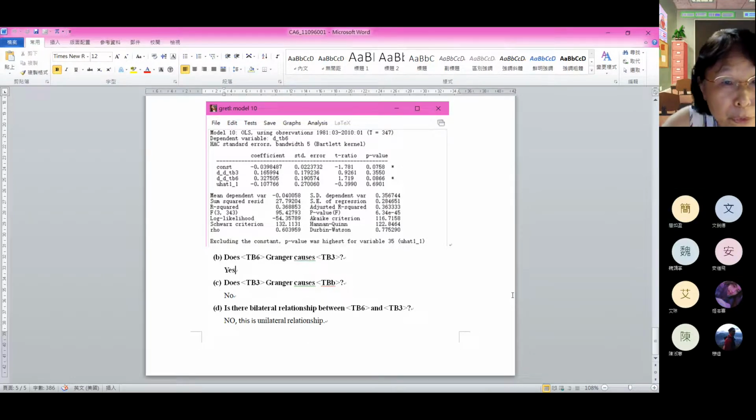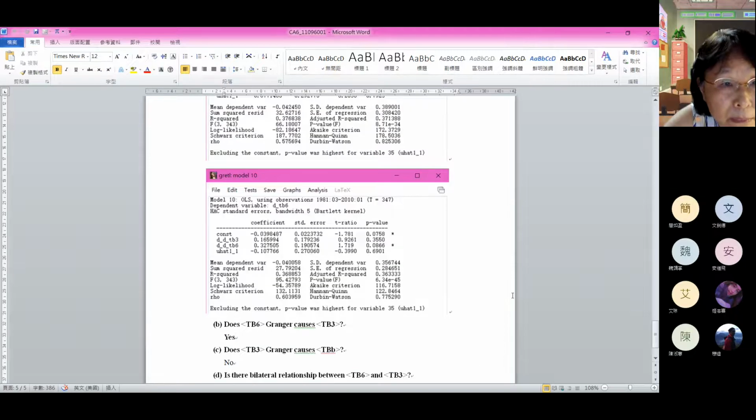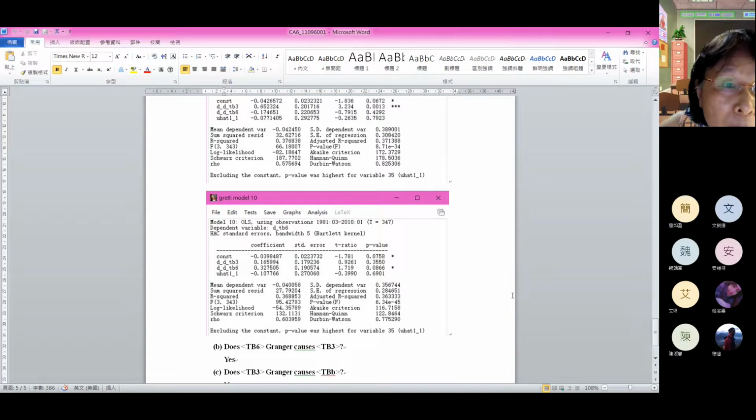And you also have to do the joint test. You need to do the joint test instead of just looking at the result. For example, the first one, although we know that those p values are very large, if you are doing the joint test, I believe the joint test is not significant either, but you have to do it.